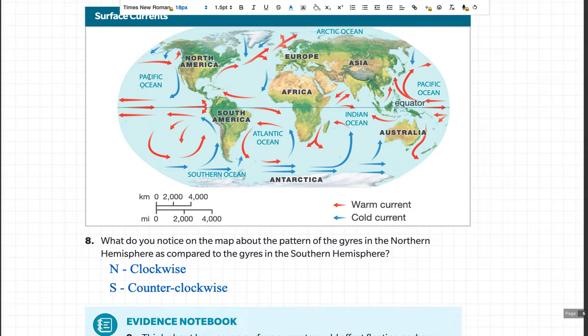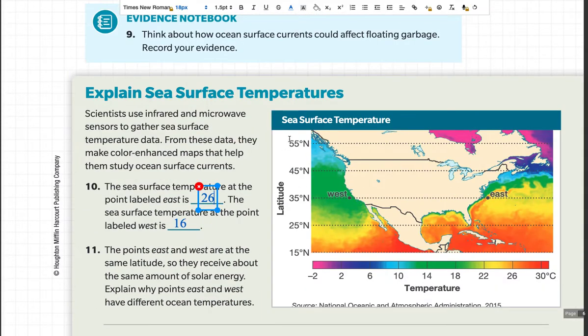Whereas in this one, you have water going in the same direction, but coming from more the north, and so this water is getting colder as it goes towards the equator. So that's why you have cold water coming down this way, while in this one you have warm water going up.